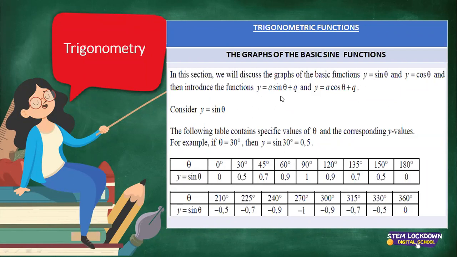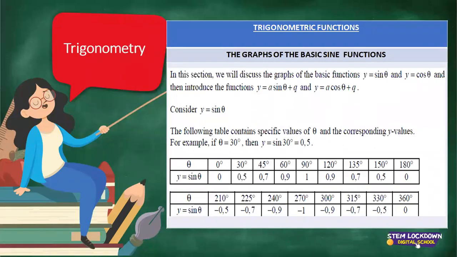So in general terms, we say y equals a sine theta plus q. You understand now? For the cos as well, we have y equals a cos theta plus q. Again, a is our amplitude, and q is our vertical shift of the graph from the origin. If you have, for example, plus 5, it means the standard graph has been shifted 5 units upwards from the origin.